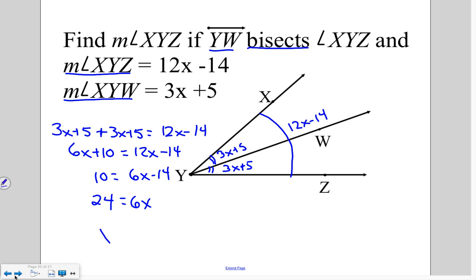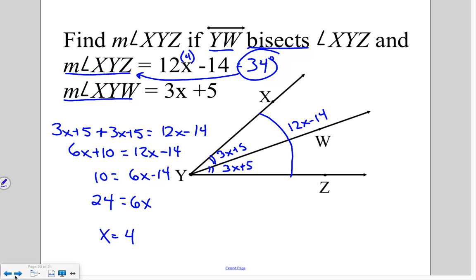Dividing by 6, we'll get x equals 4, right? Now, to find our full angle measure, XYZ, since we were given that expression, I can plug 4 in for x. 12 times 4 is 48. And 48 minus 14 is 34 degrees.